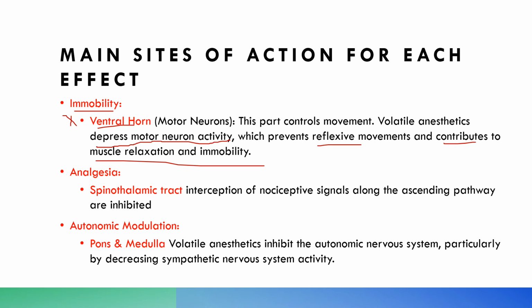All right, that's an important one right there. Analgesia: in the spinothalamic tract, interception of nociceptive signals along the ascending pathway are inhibited. And then we have autonomic modulation, so preventing that sympathetic response in the pons and medulla. Volatile anesthetics inhibit the autonomic nervous system, particularly by decreasing the sympathetic nervous system activity.